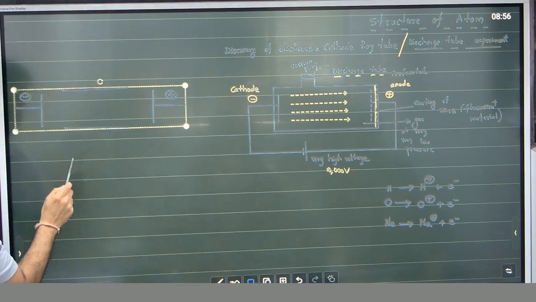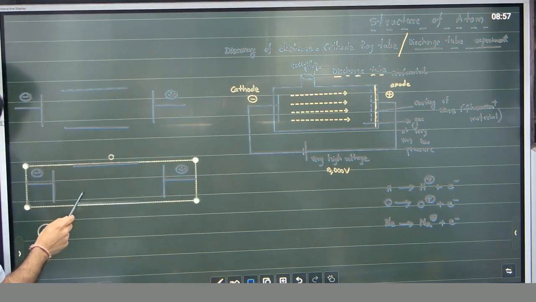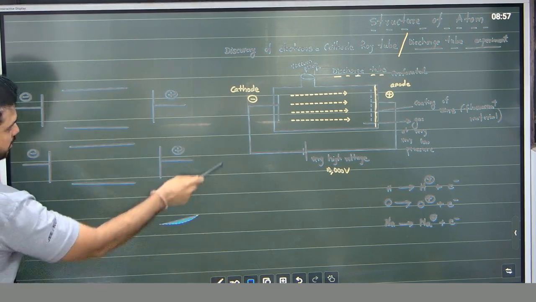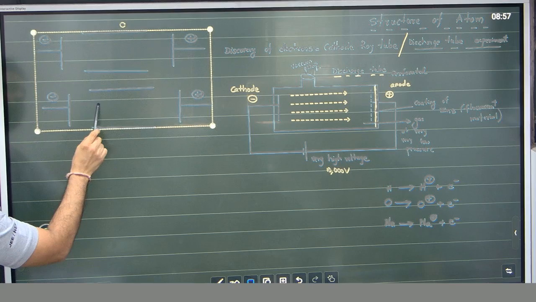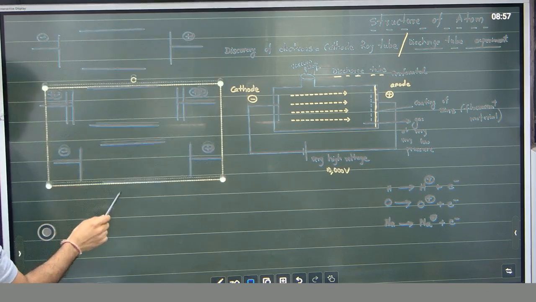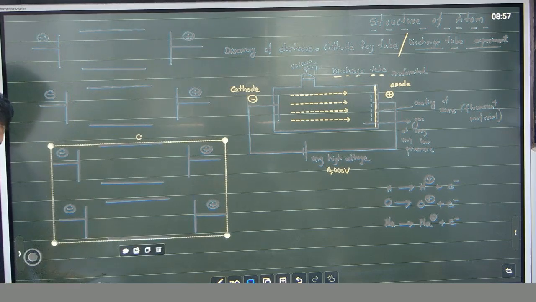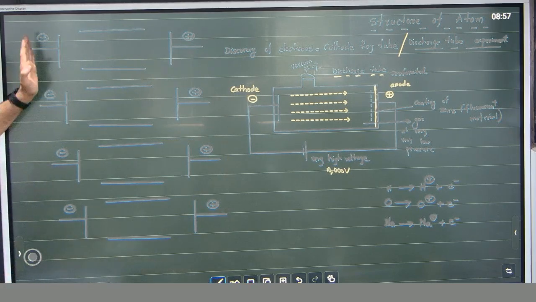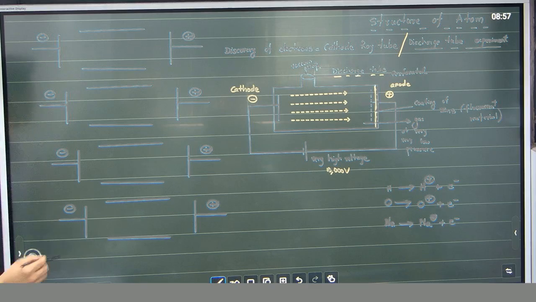Now the first thing that was done is, between the cathode and anode, he placed a metal block.